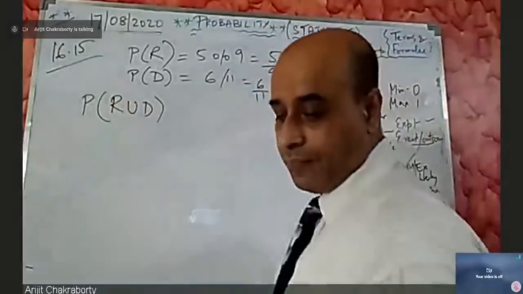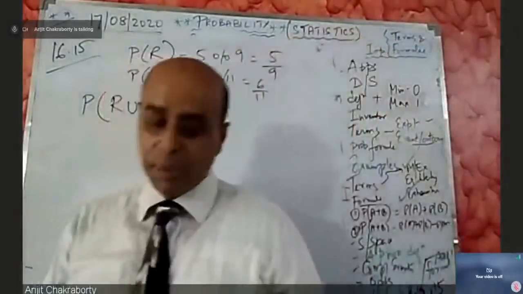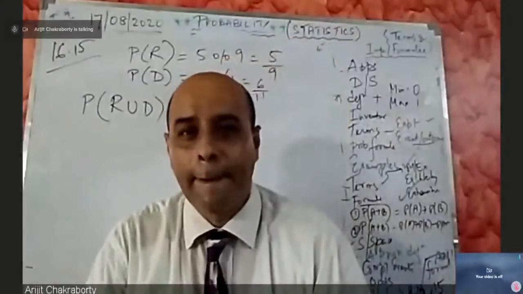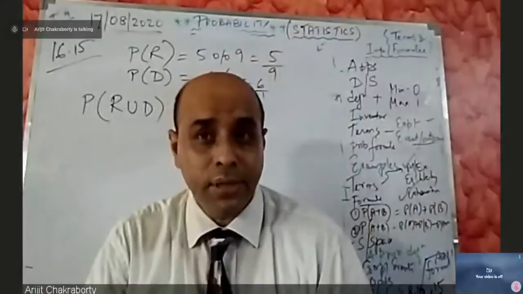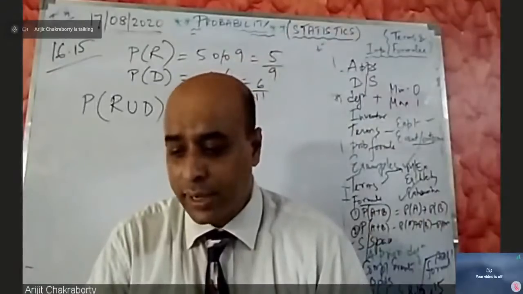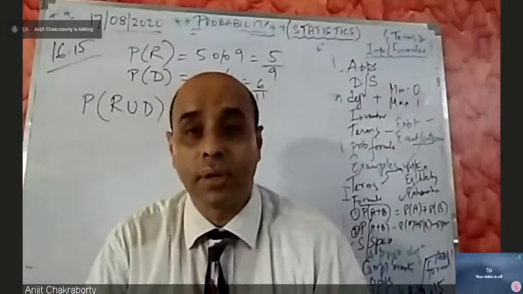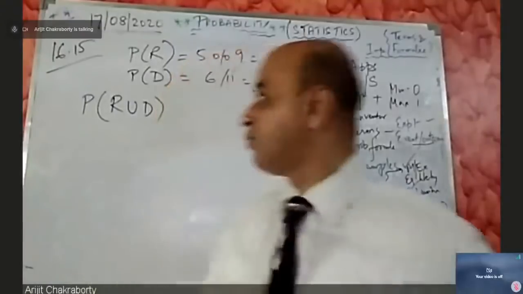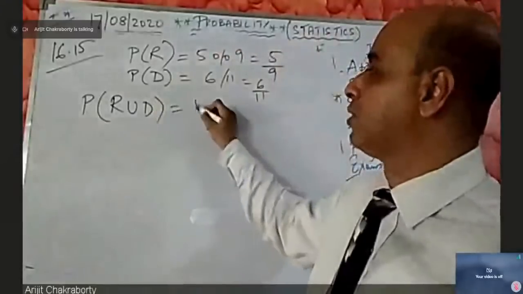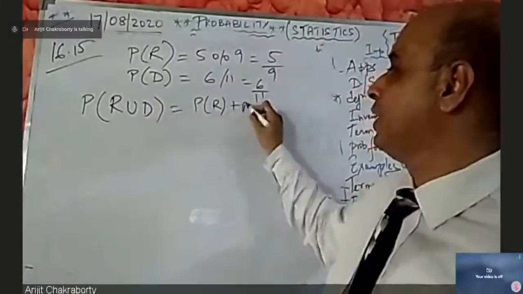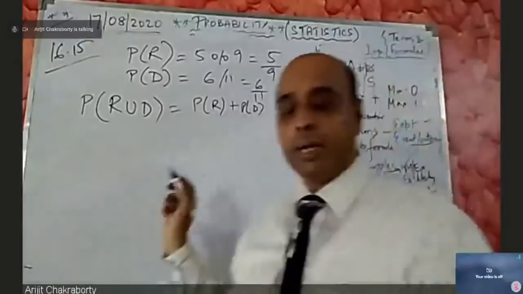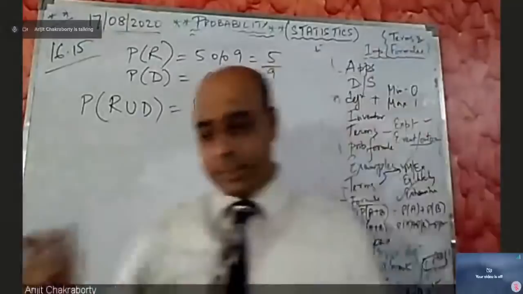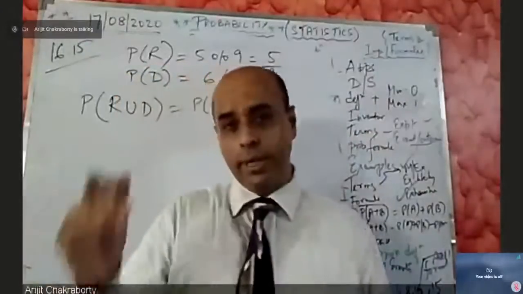Now, my simple question to you: in case of mutually exclusive events, the formula of P(R union D) is equal to P(R) plus P(D) normally. But here, is it mutually exclusive?